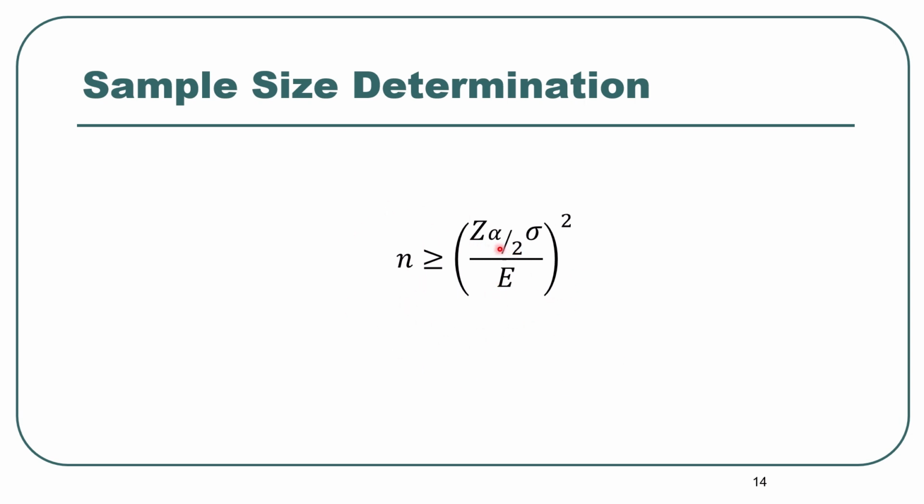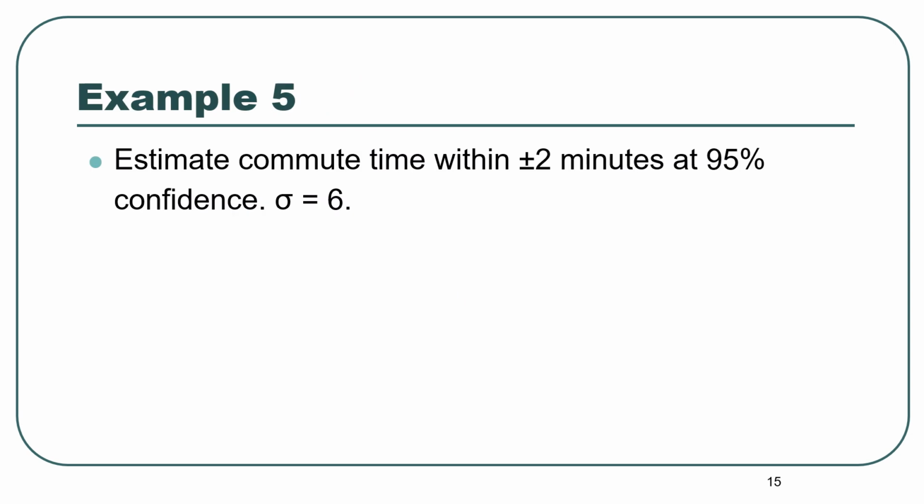So you need to know the level of confidence that you would like to reach by the end of your study, and to estimate your mu within at most E margin of error between it and the point estimator x bar from this sample. And of course, we are working here, again, with sigma known. So to calculate the minimum sample size that I need to reach my goal, this is the formula for it. So let's see this example.